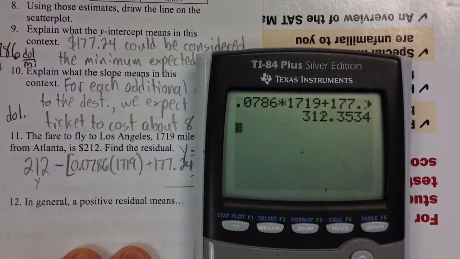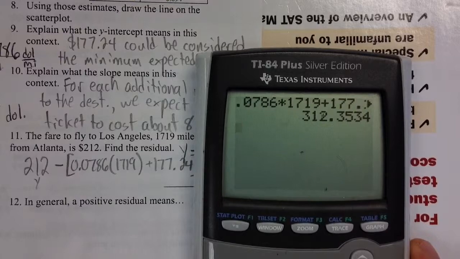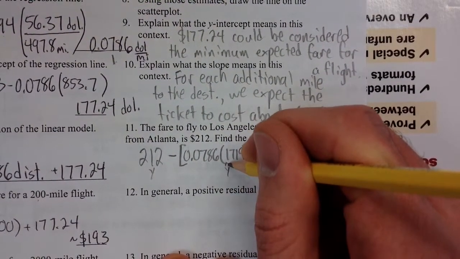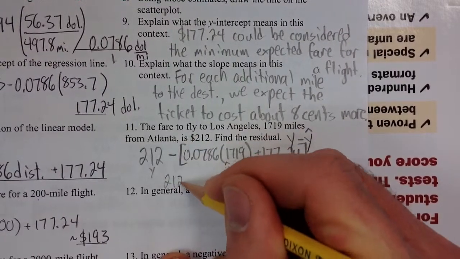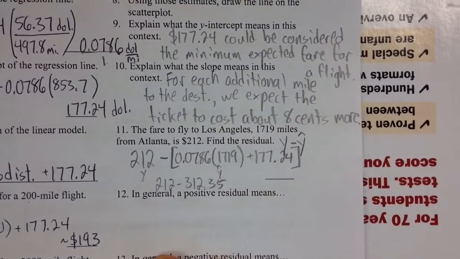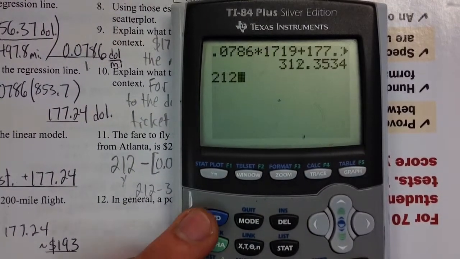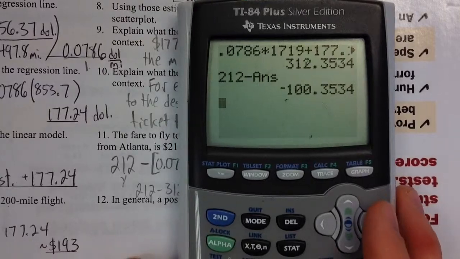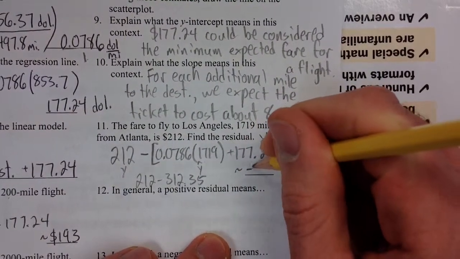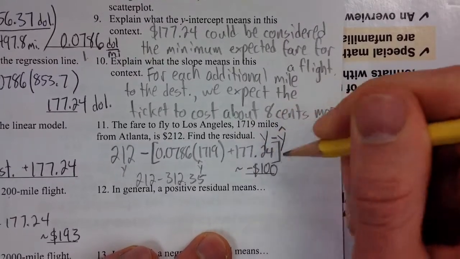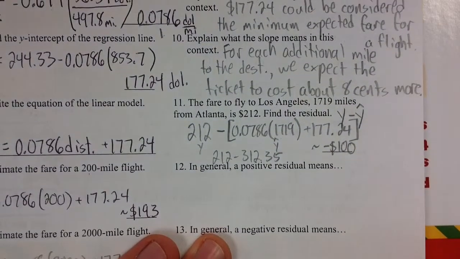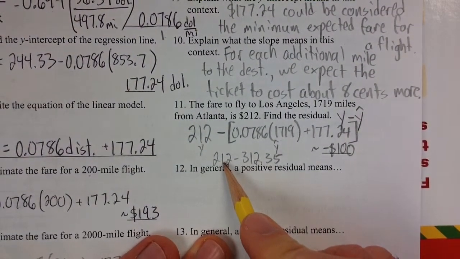Our model predicts that the flight to LA will cost about $312. Okay, so it's about negative $100. We were off by $100 in the negative sense, meaning that the flight is actually cheaper.